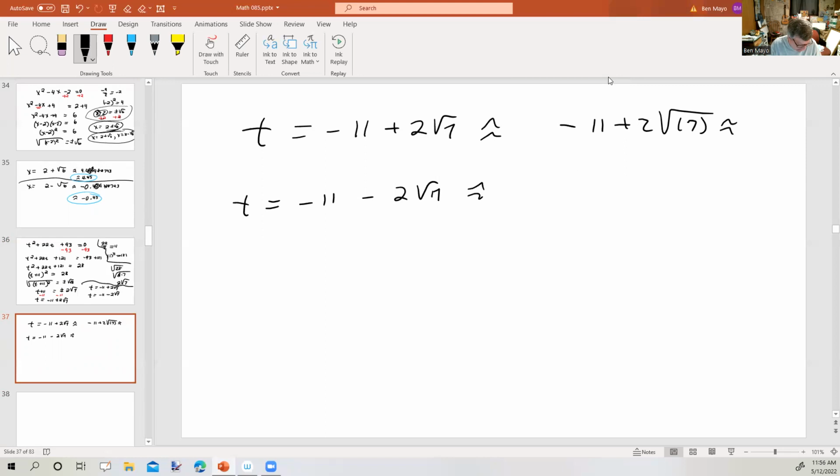And I get negative 5.7084, etc. Rounding to the nearest hundredth, that would be the 0. The 8 would round up. So negative 5.71 would be the first answer.